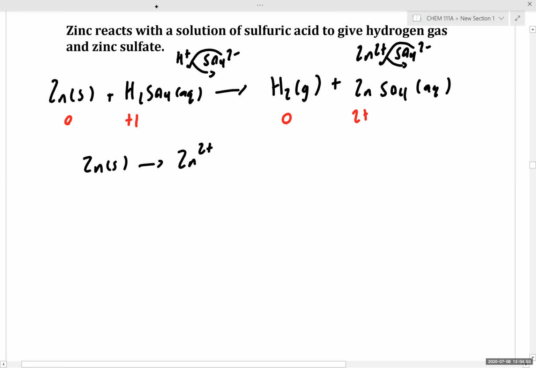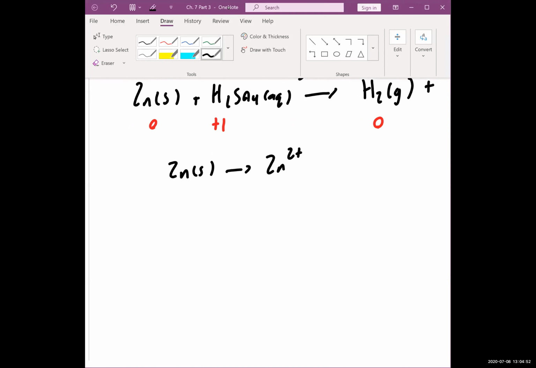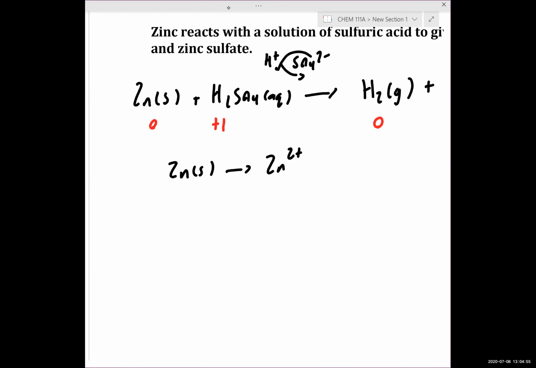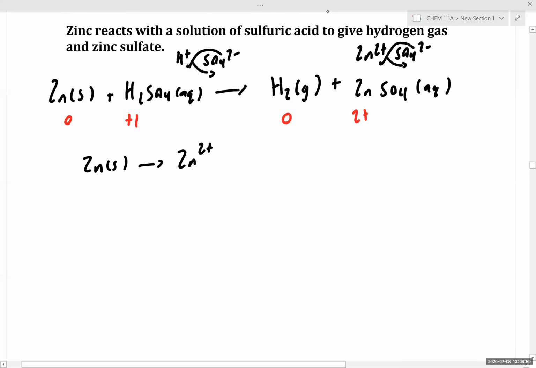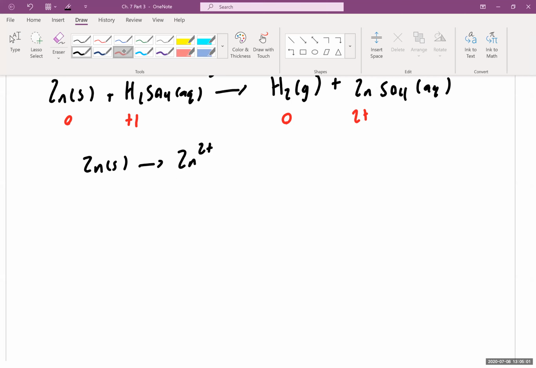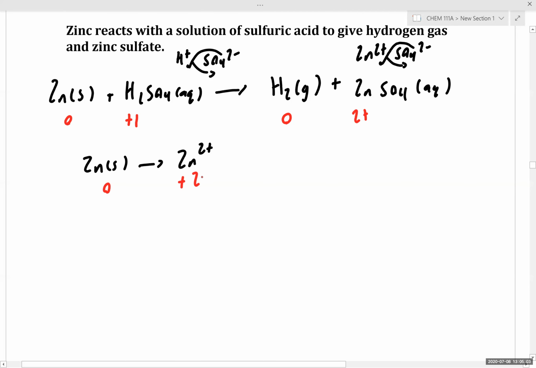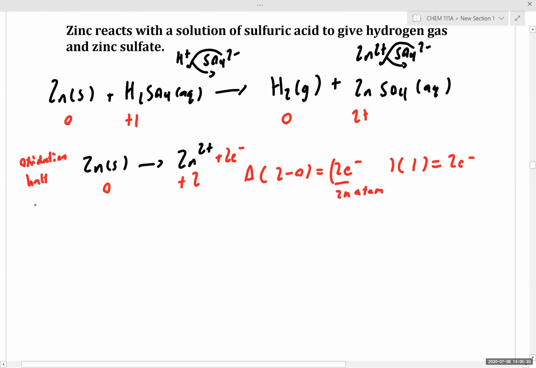So we went from an oxidation number of 0 to +2. So our difference is 2 minus 0, or 2 electrons per zinc atom. So times 1, that gives us 2 electrons lost. So this is an oxidation half-reaction.